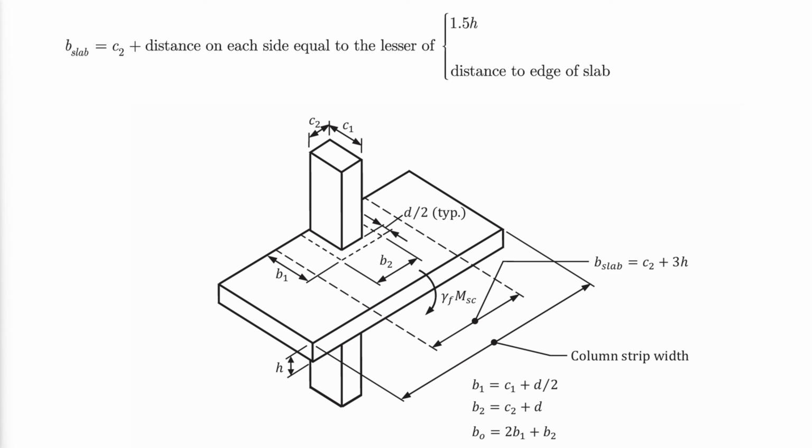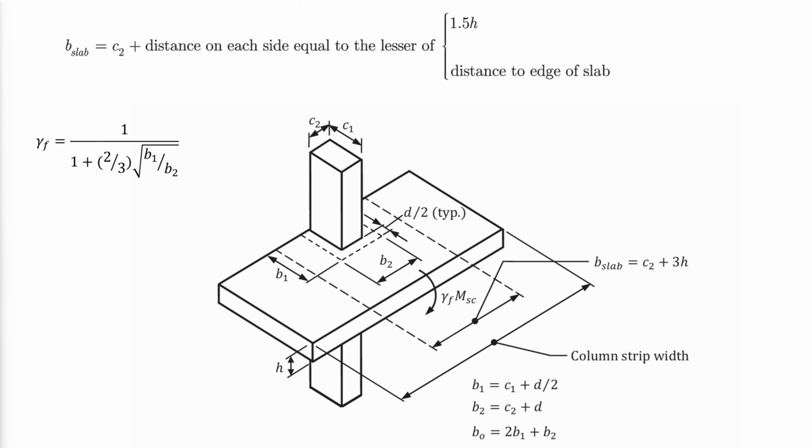A portion of the moment transferred from the slab to the column is due to flexure and the other is due to eccentric shear. To determine the portion due to flexure in terms of the factored slab moment, a factor gamma F is multiplied by the factored slab moment. It depends on the critical section dimensions shown, B1 and B2.